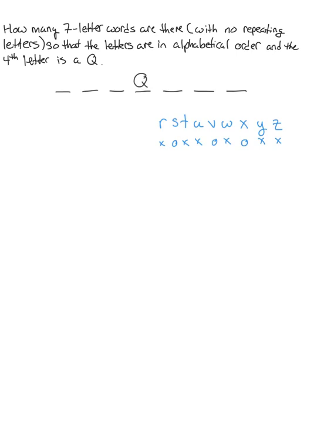Looking at our X's and O's here, there are 1, 2, 3, 4, 5, 6, 7, 8, 9. There are 9 factorial different ways to arrange these if the X's were distinguishable and the O's were distinguishable, but they're not.